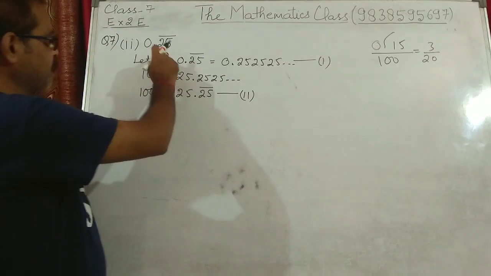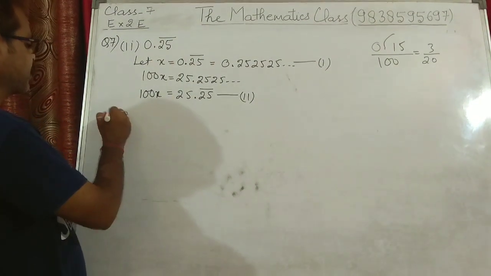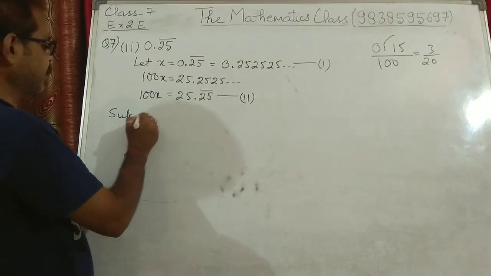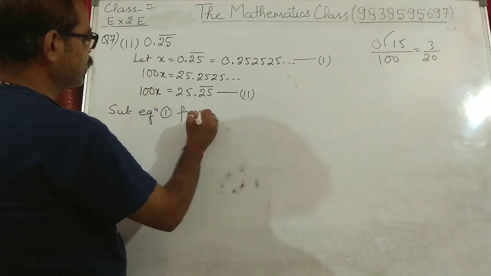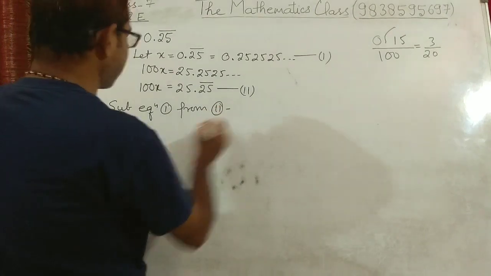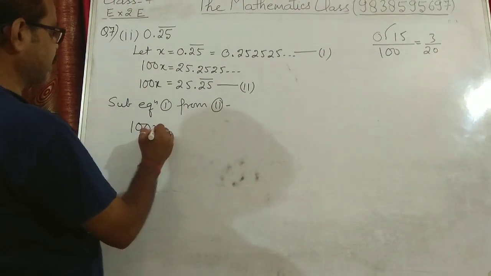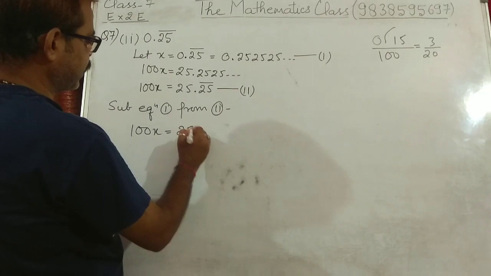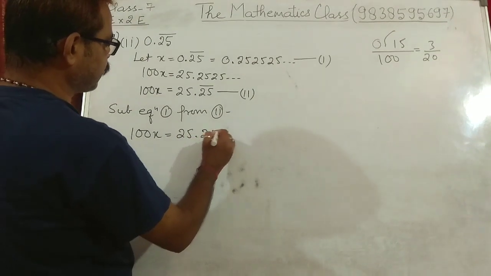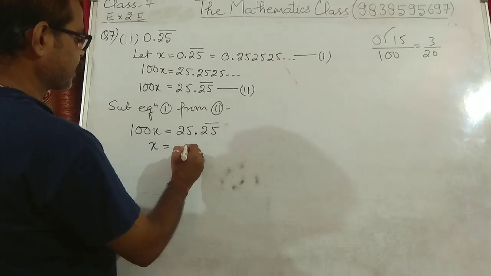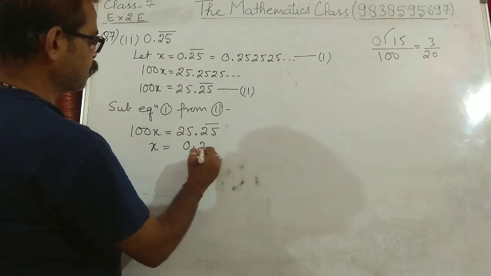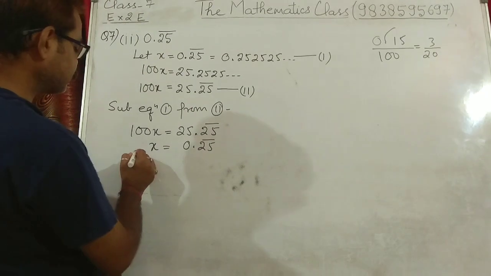Subtracting equation number 1 from equation 2. What are we doing? Subtracting equation 1 from equation 2. The second equation is 100x is equal to 25.25 bar, and the first equation is x is equal to 0.25 bar.